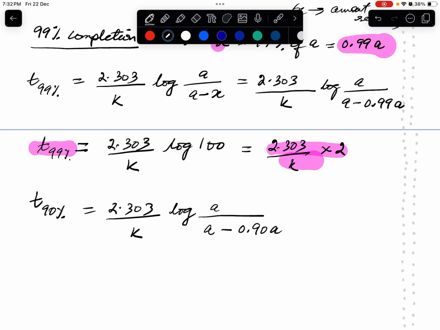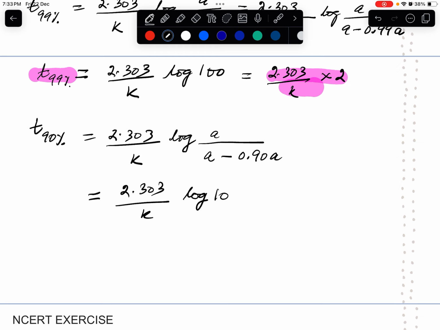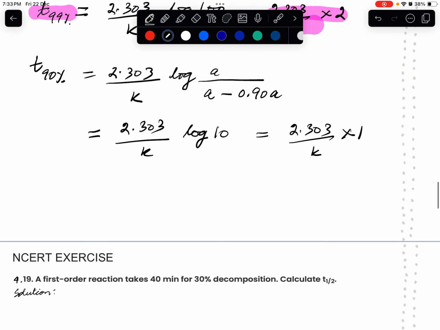When we simplify the right hand side, we get 2.303 divided by k and log 10. Now log 10 is 1, so it is 2.303 divided by k into 1. Therefore, T 90% is 2.303 by k.